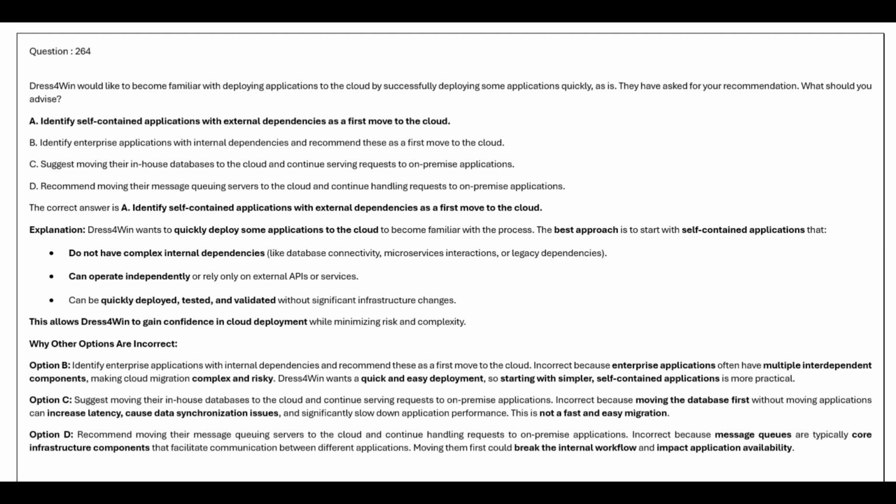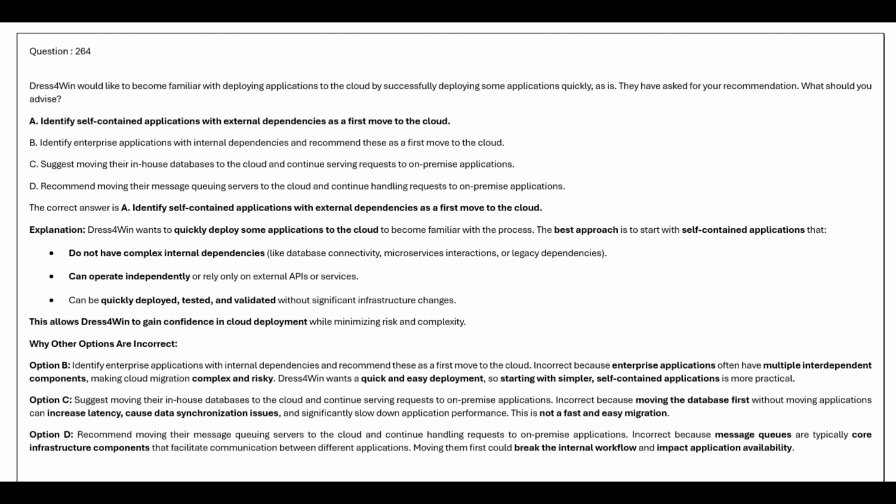The correct answer is A. Identify self-contained applications with external dependencies as a first move to the cloud. Explanation: Dress4Win wants to quickly deploy some applications to the cloud to become familiar with the process. The best approach is to start with self-contained applications that do not have complex internal dependencies, like database connectivity, microservices interactions, or legacy dependencies.